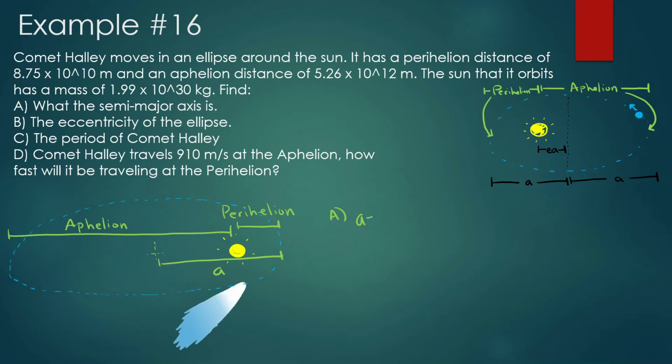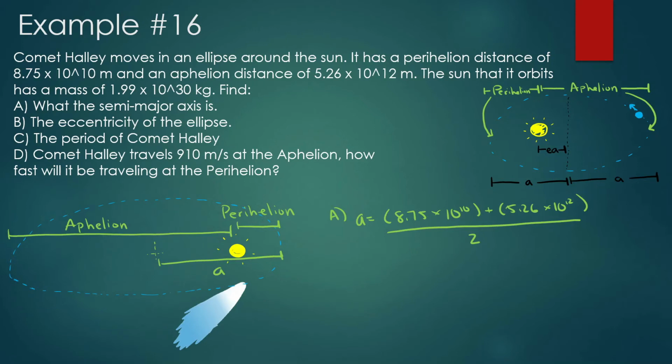So the semi-major axis is equal to 8.75 times 10 to the 10 plus 5.26 times 10 to the 12. And then I'm going to divide this by 2. And then this is going to give me the answer right here. So let me put that in. 8.75 times 10 to the power of 10 plus 5.26 times 10 to the power of 12.